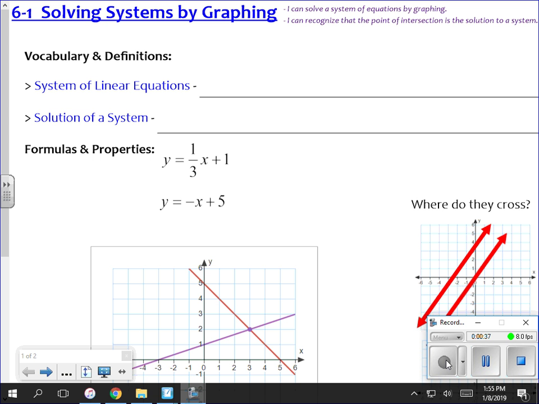Now, I will freely admit that solving by graphing is probably the least efficient way of solving a system of equations. I'll say that straight up. It is the worst way to solve a system of equations.